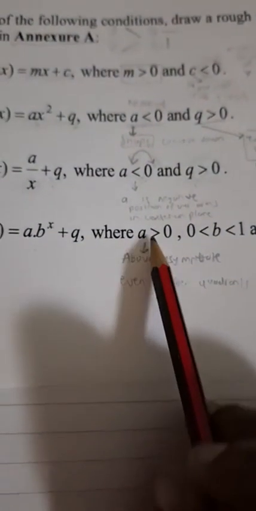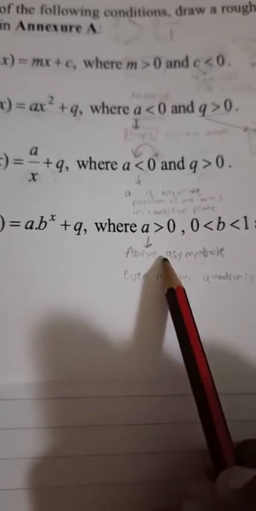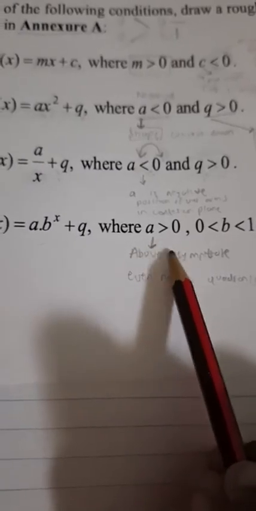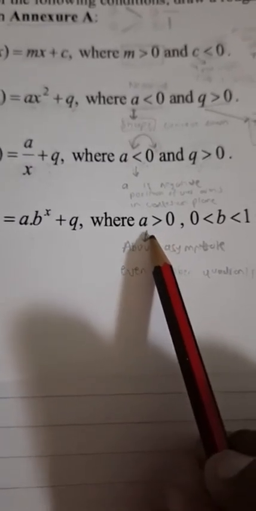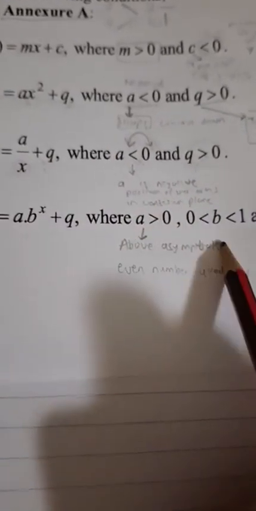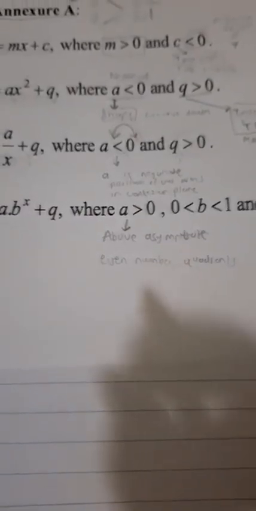Anytime that a is greater than 0, a has to do with the position of the particular exponential function. So it's either above or below the asymptote. But if a is positive, it means above the asymptote all the time. If a was less than 0, it would mean below the asymptote.